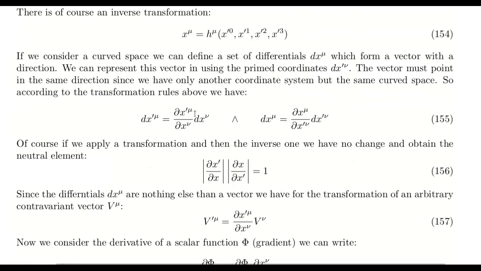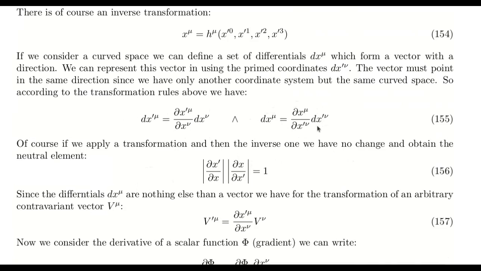This is a contravariant index, and here in the denominator this is a covariant index. Or vice versa, if we want to have the unprimed coordinates, dx mu equals the differential quotient where we have now the unprimed x in the numerator and the primed ones in the denominator. And of course we have here the differential with a prime.